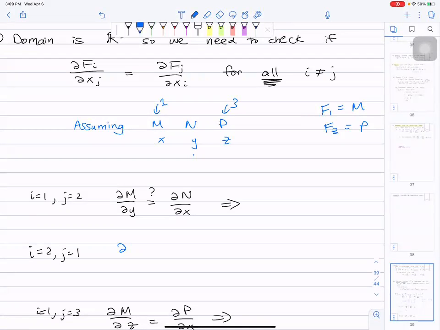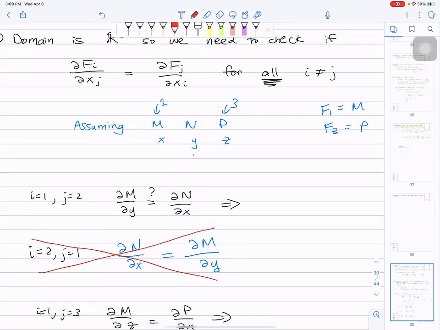This would give us partial of F sub 2, that's N, over the first variable. Is that equal to the partial of our first thing with respect to our second variable? This equality is the same as this equality. So we don't need to consider this. That's like double checking what we already did.